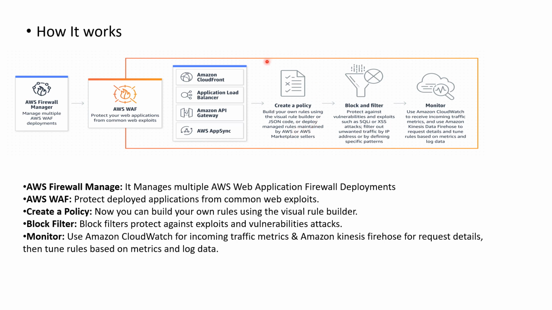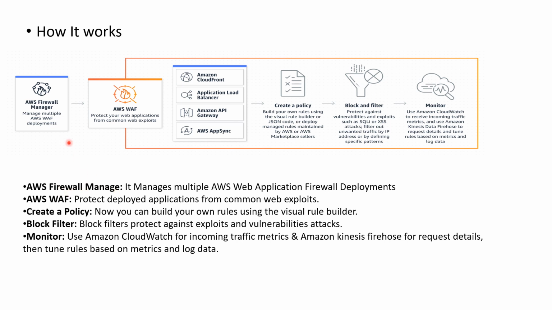Once we have created the rules, we can block and filter traffic, and then we can monitor. So this is a great tool for traffic filtering, and one of the best application firewalls which can be used across projects.